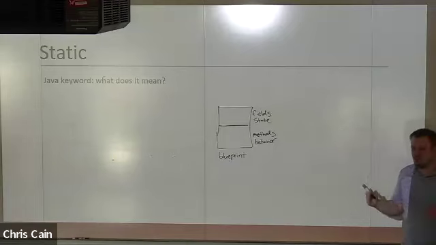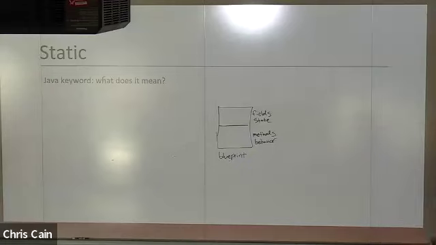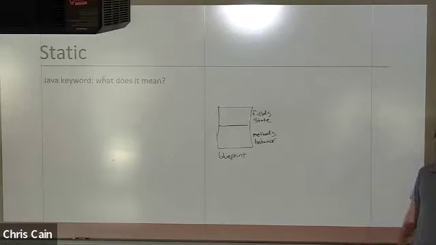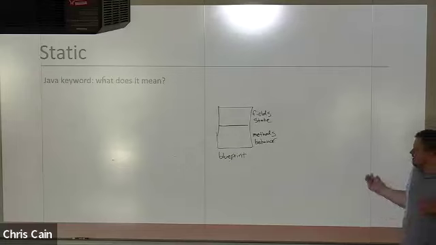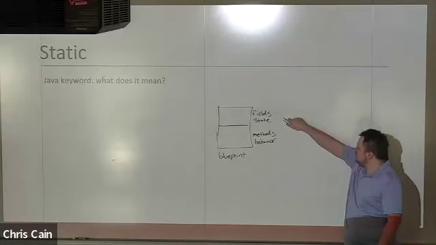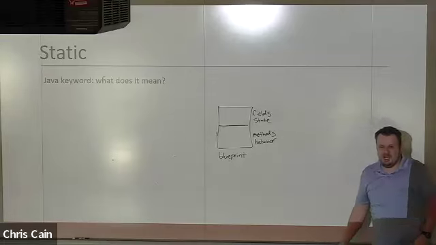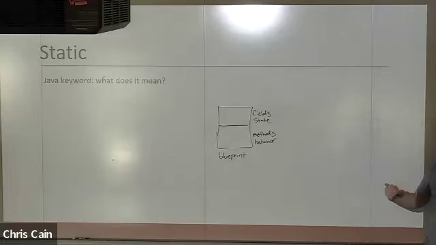If we have a person object, that person is going to have a name and an age and a GPA and a salary and whatever else matters for a person. Eye color, whatever else. So the fields represent the state of the object. The methods, on the other hand, are things that that object can do.